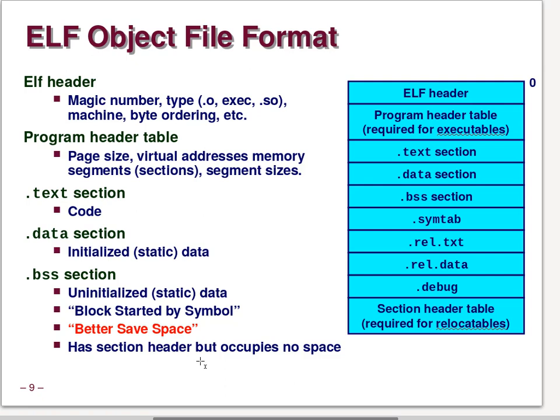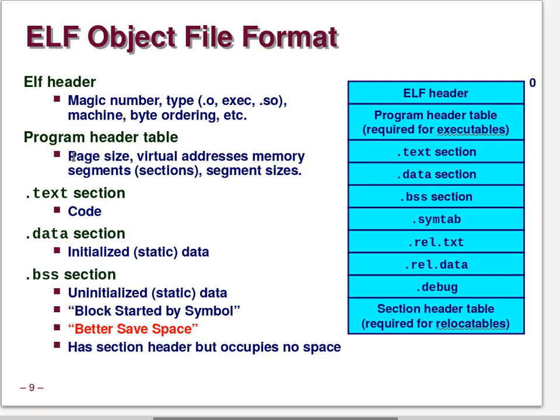Okay, so when you have your program and it's compiled in an ELF format, it's going to look something like this, where you'll have an ELF header, and the point of the ELF header is so that any program opening the file can detect what type of file it is. Program header might have any information for the operating system.